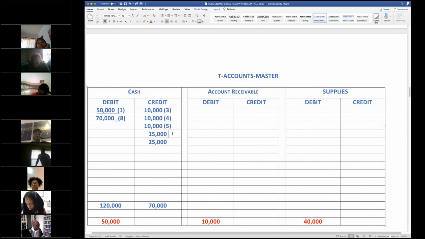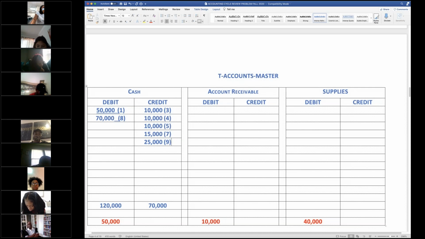And the 15,000, that's what I think I messed up. What journal entry? Payment on journal 7. Okay, so maybe that's why I messed up. I have cash debited, so it's supposed to be credited. That was 15,000 credited for number 7, correct?